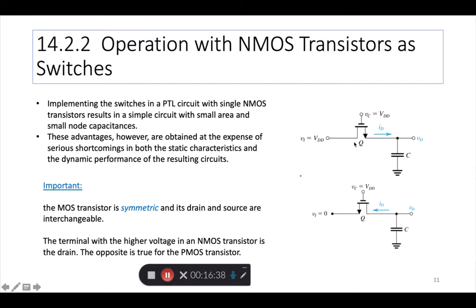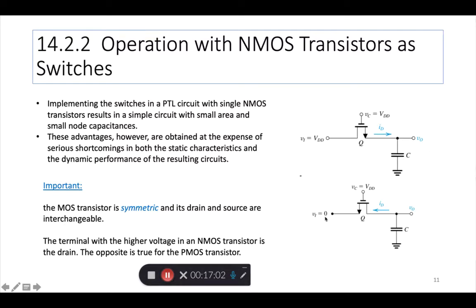In fact, you can see in the drawing here, in one configuration, when V input is high and the gate is always at VDD, that's the enable signal. When the input is high, this terminal is operating as the drain and this is the source, and the output is coming off of the source.